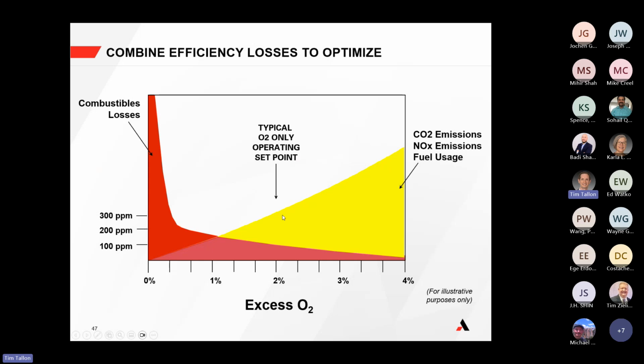So as I showed you before, we have the oxygen operating set point of about 2%. That might be typical for a certain application. If we decrease to approximately 1% in this case, we avoid combustible breakthrough, but also reduce the generation of unnecessary NOx, fuel consumption, and carbon dioxide emissions.